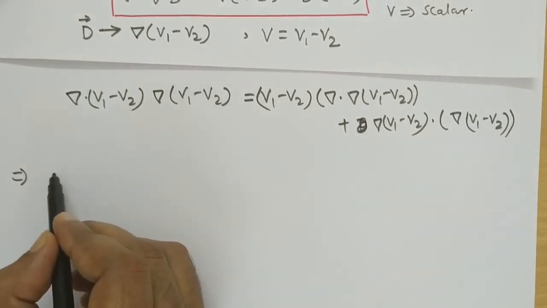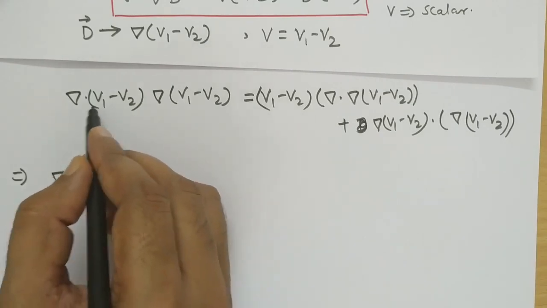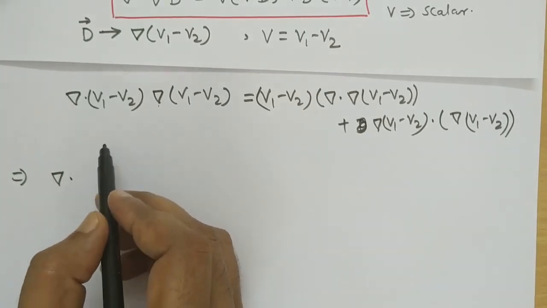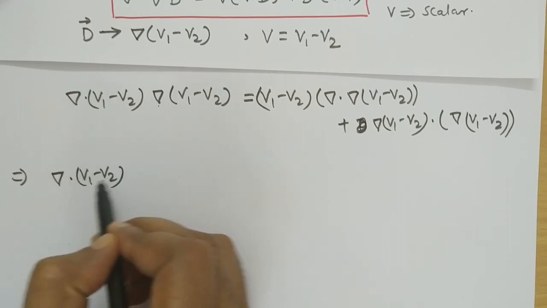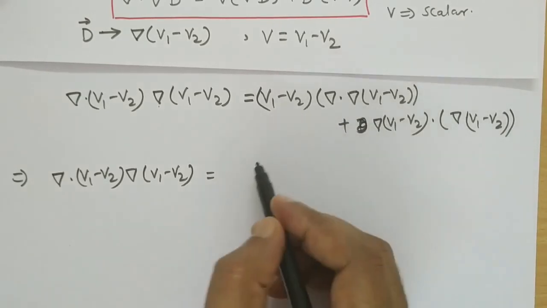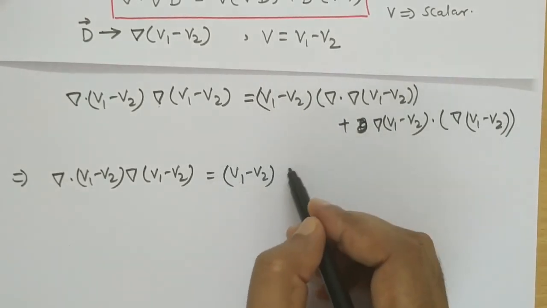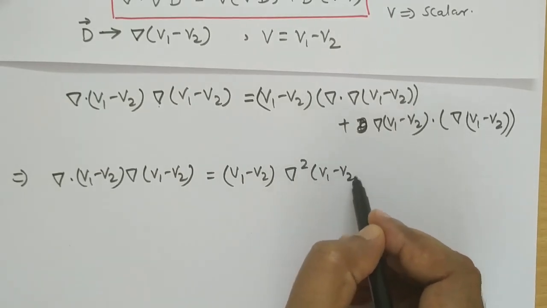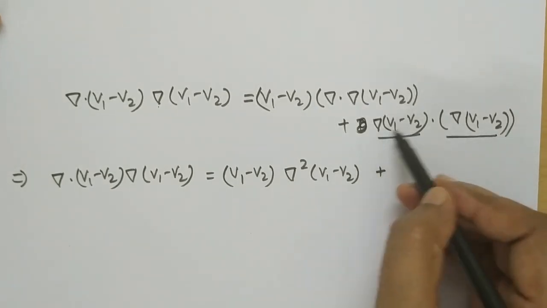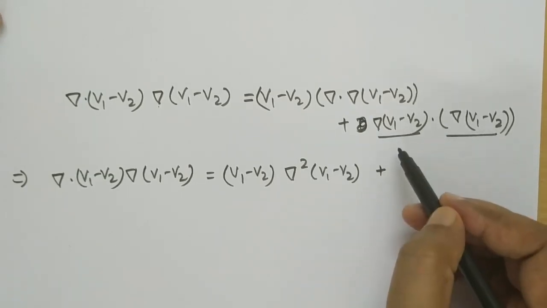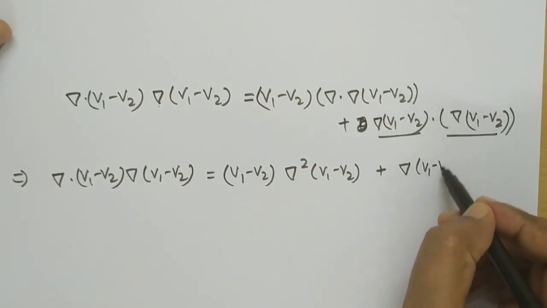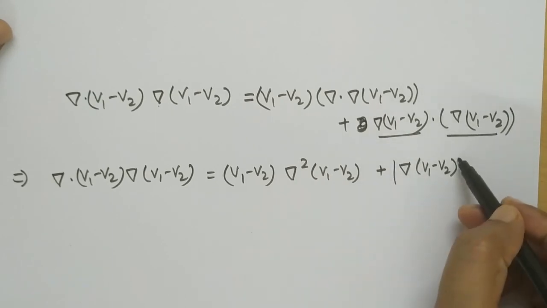We write the left side as del dot of V1 minus V2 times del of V1 minus V2, equal to V1 minus V2 times del square of V1 minus V2, plus, since both are the same vector and we take their dot product, it will be the square, del of V1 minus V2 squared.